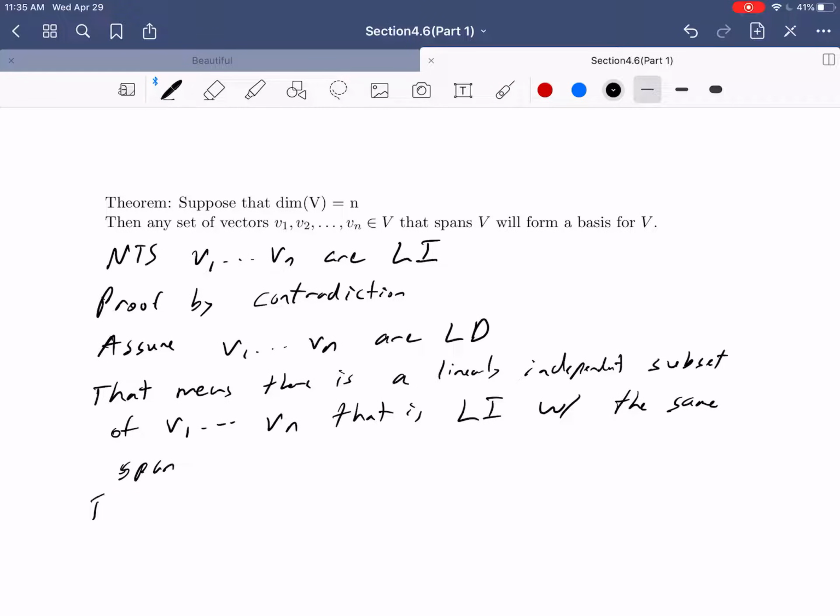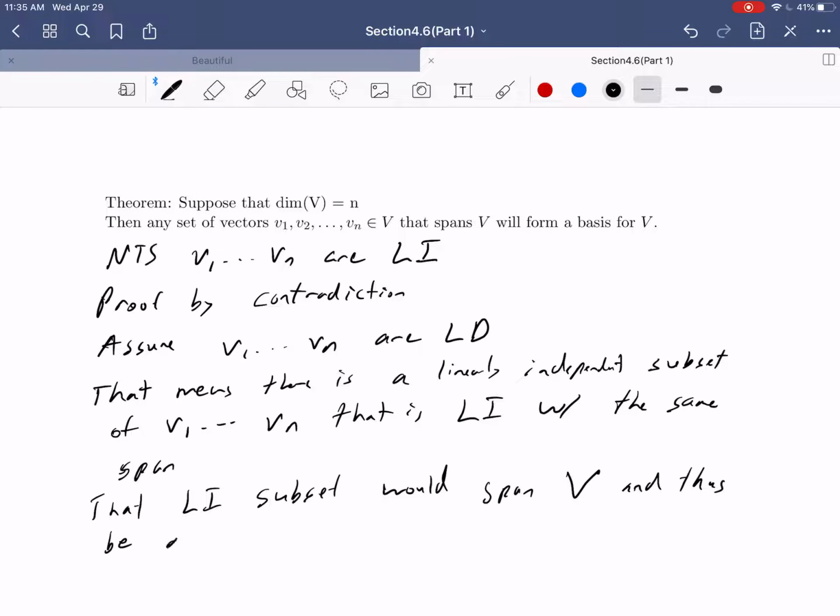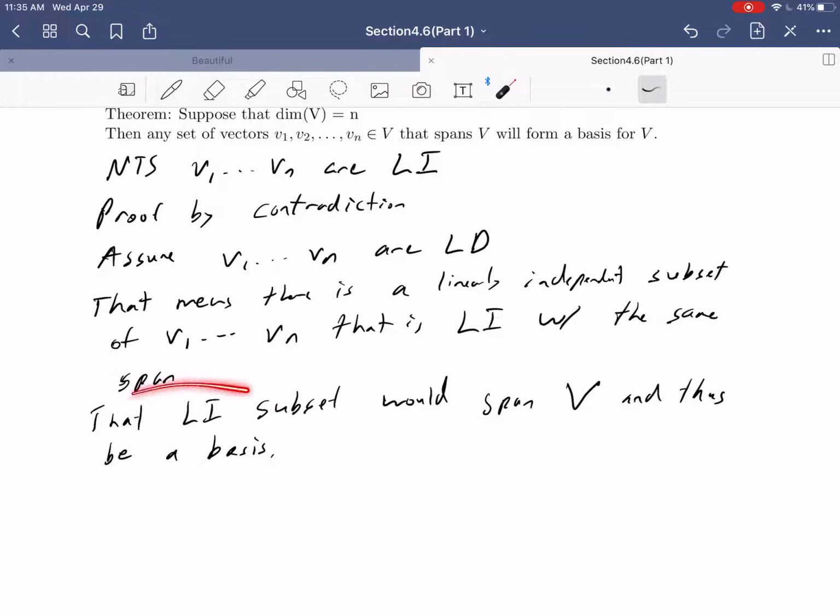Well, that linearly independent subset would span V, because by assumption, V1 through Vn spans V. Since these guys have the same span, they would span V, and thus be a basis. So that linearly independent subset would span V and be a basis.